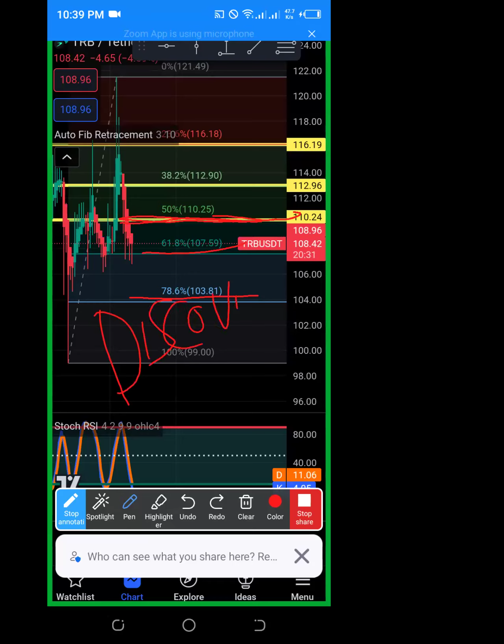Below 50%, it is a discount region. That's where we enter. This is the region where we enter the market cheaply. So we enter the market at the discount region, so that if the market goes back to the premium, you're already in profit.